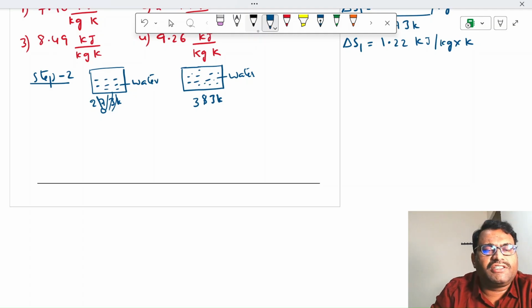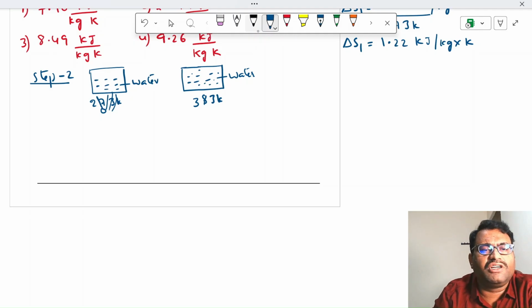So this is the second step. After ice is converted into water, if you still go on heating it, the temperature of the water slowly rises and reaches 383. Whatever heat you are giving is used to raise the temperature of water.